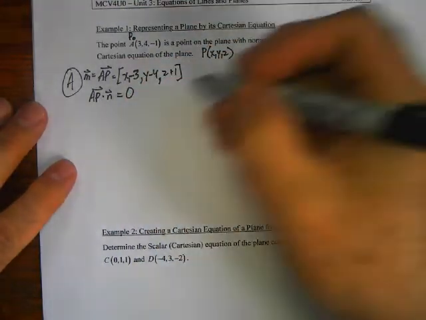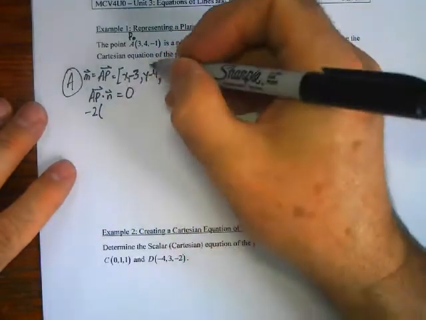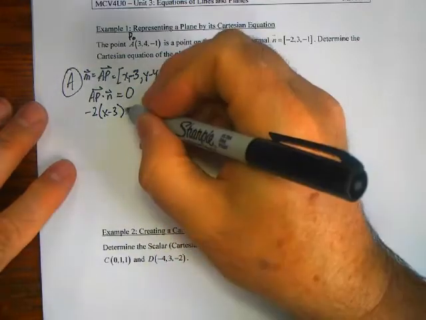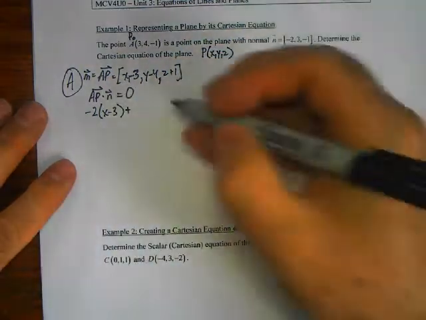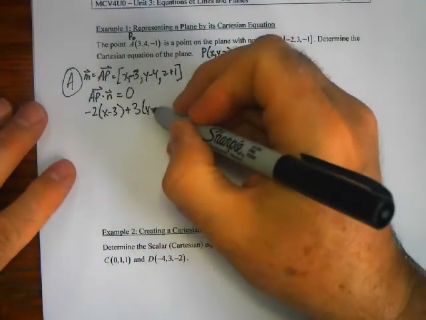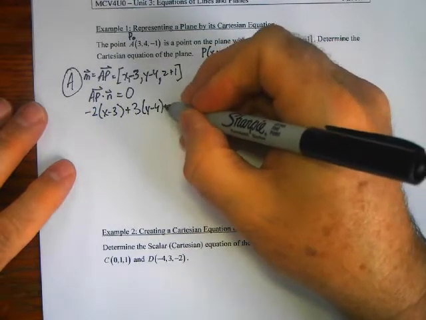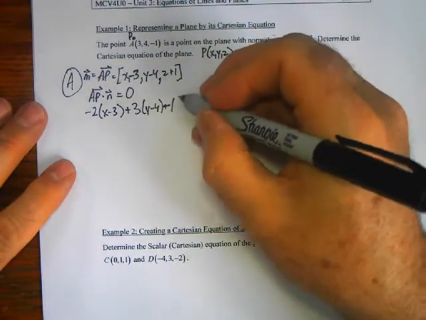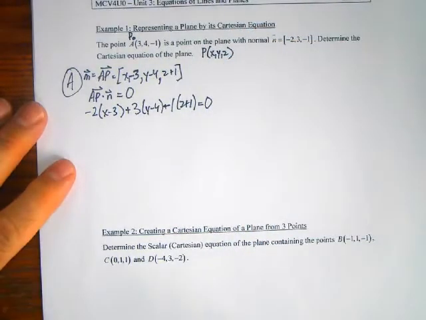I take the normal and multiply with the direction vector components for each of X, Y, and Z and add them together, so -2 times (X minus 3), plus 3 times (Y minus 4), plus -1 times (Z plus 1), that has to equal 0.